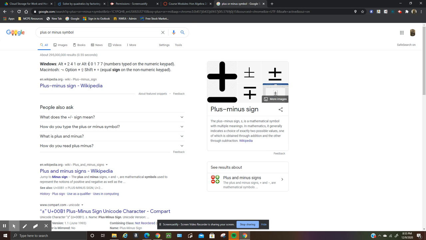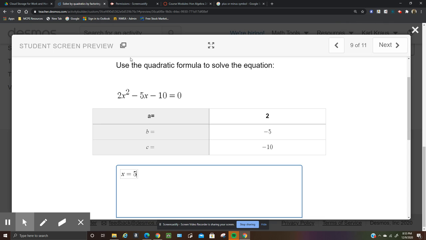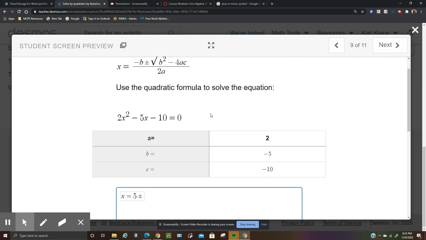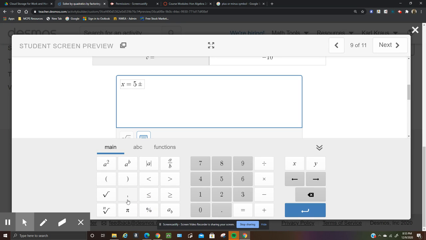Let me try Alt plus 241 here. Hit the Alt key and then 241. So Alt 241 gives you the plus or minus symbol on Windows. And then square roots, so I have to use a keyboard for that.